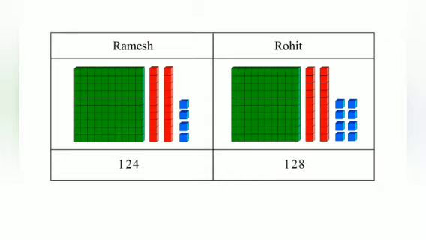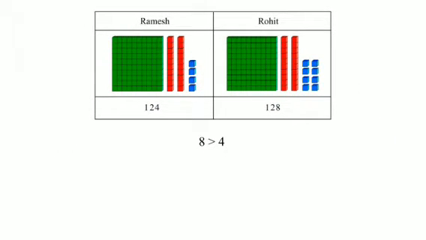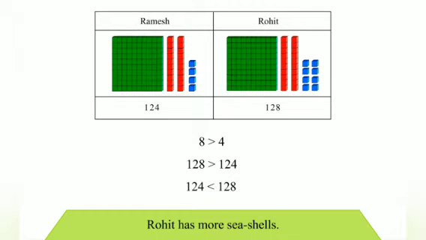Let's compare the ones digit. 8 is greater than 4. Therefore, 128 is greater than 124. We can also say that 124 is less than 128. Therefore, Rohit has more seashells.